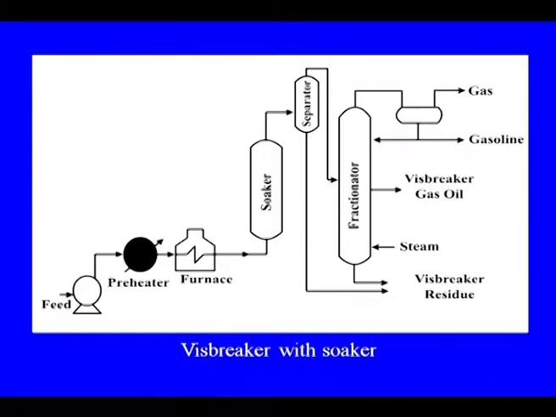Now, let us discuss the visbreaker with the soaker, which differs slightly because here we are providing a soaker. The purpose of the soaker is to give more residence time, with a reduced temperature, as I discussed earlier. The feed goes to the preheater, from the preheater to the furnace, and from the furnace to the soaker, and from the soaker the rest of the process is the same. Here we are giving more residence time for the reaction, and after the soaker the product goes to the separator.